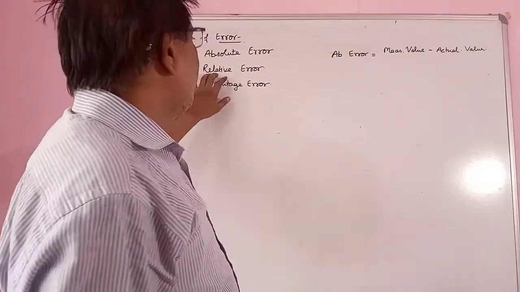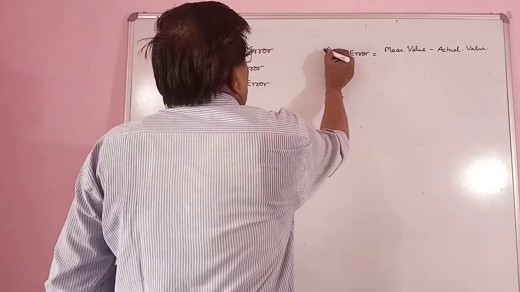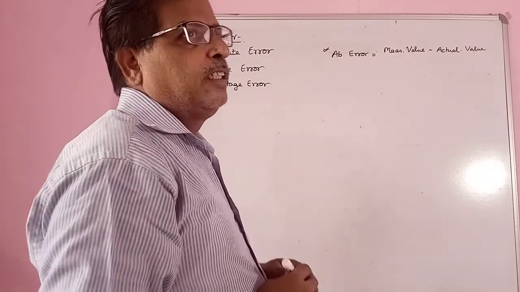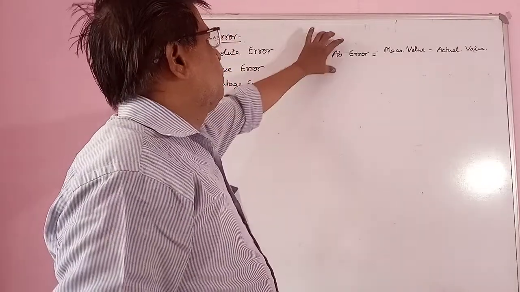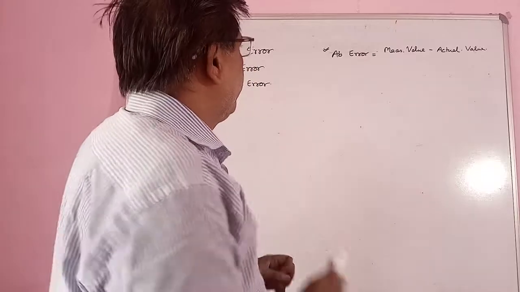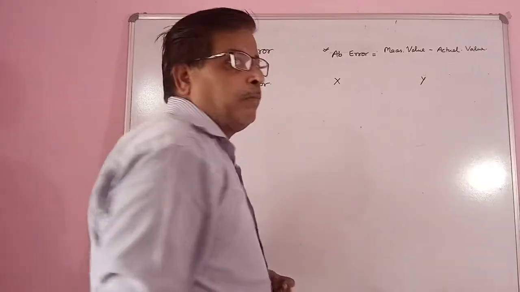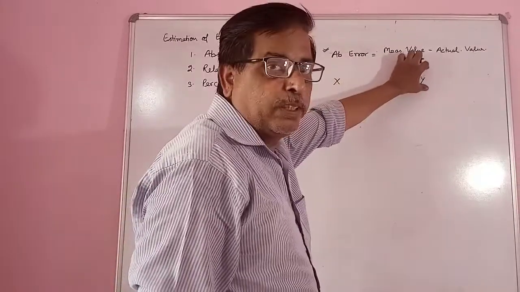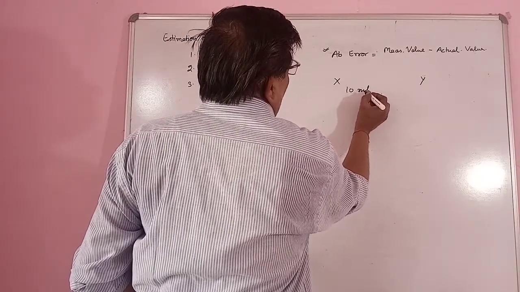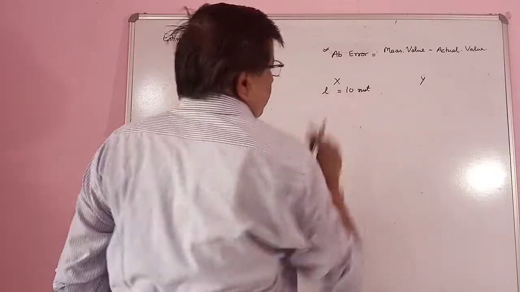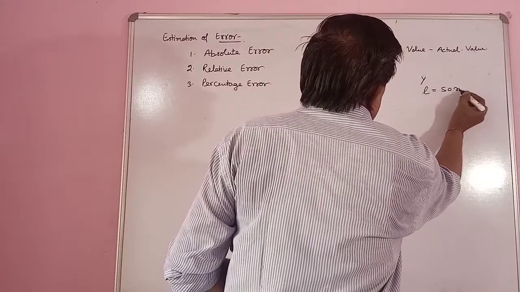Now, the second type is relative error. Actually, many times we have a misconception about absolute error. For example, suppose there are two persons, person X and person Y. Person X is measuring a length of 10 meter, and person Y is measuring a length of 50 meter.